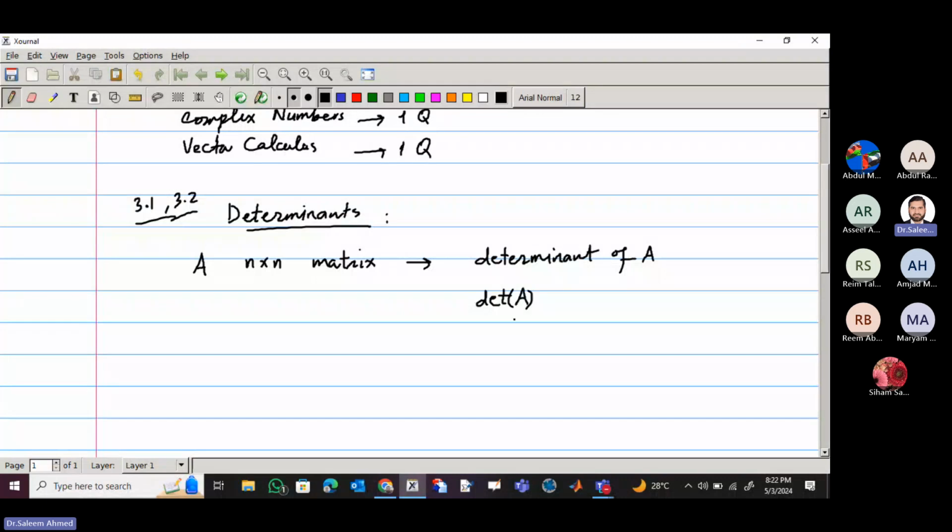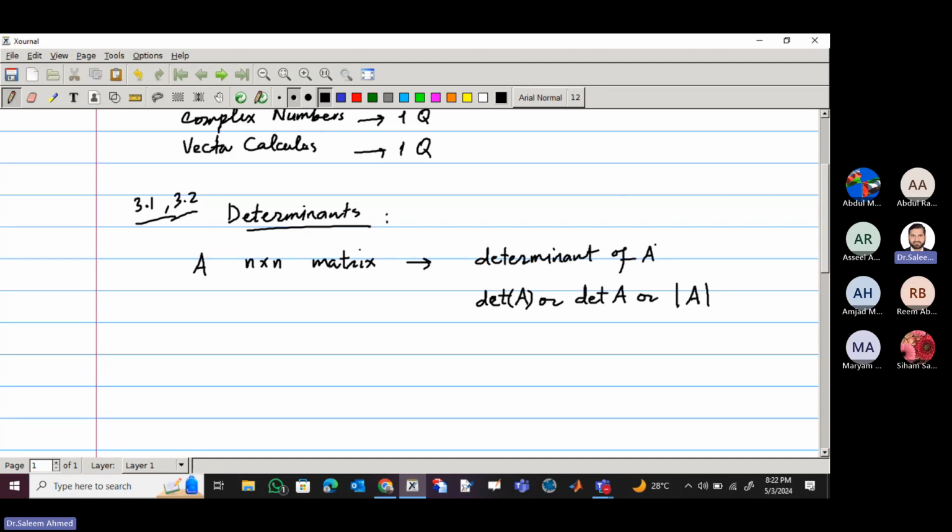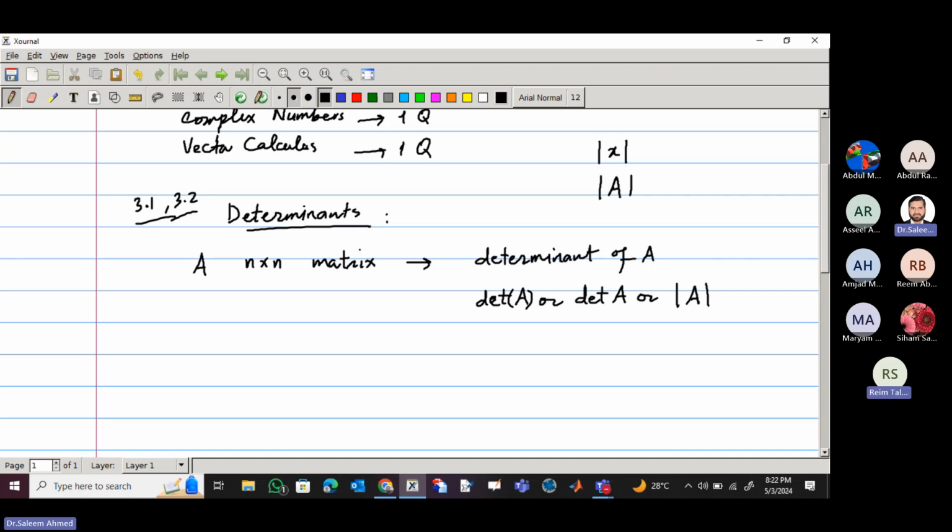Sometimes we put brackets as well. Even if you don't put brackets, no problem. Or sometimes we write the absolute value sign. But this does not mean absolute value, because if X is a number, this means absolute value. But when you have the same thing with a matrix inside, then it is not absolute value.